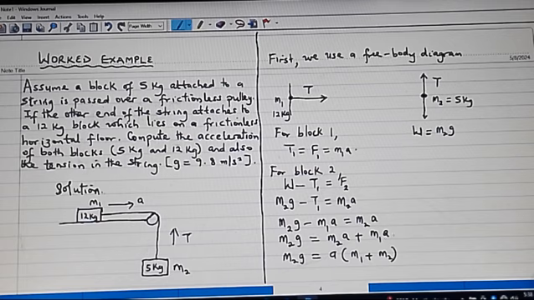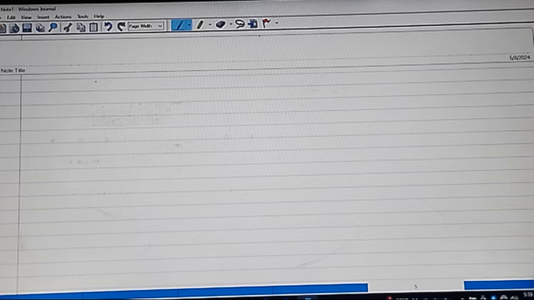So our A, which is the acceleration, because we are calculating the acceleration for both blocks, will give us the expression M2G all over M1 plus M2. So we proceed. Next slide.